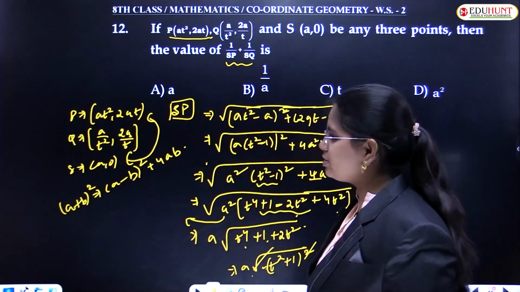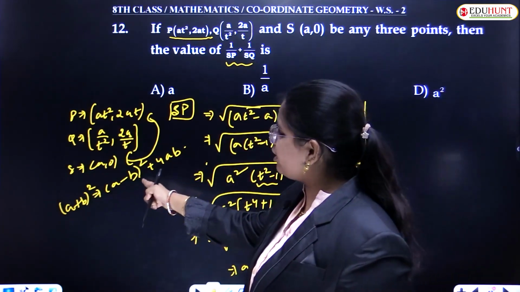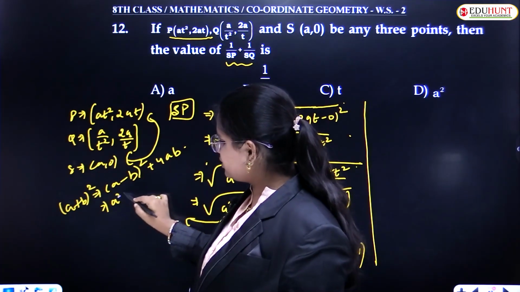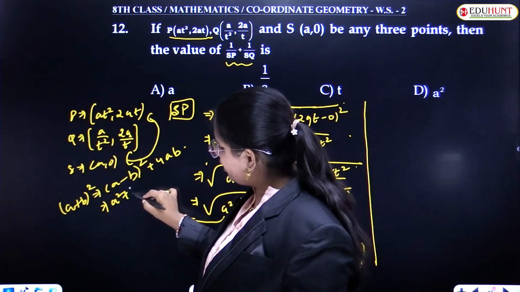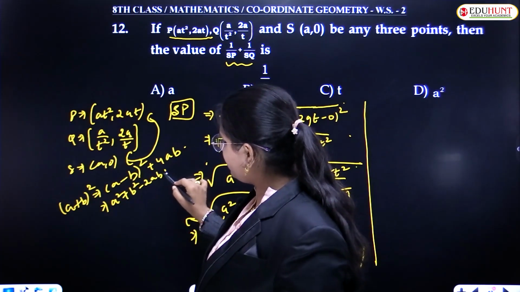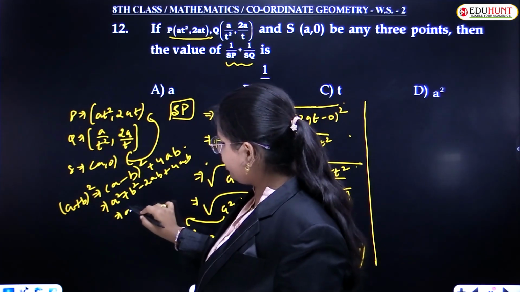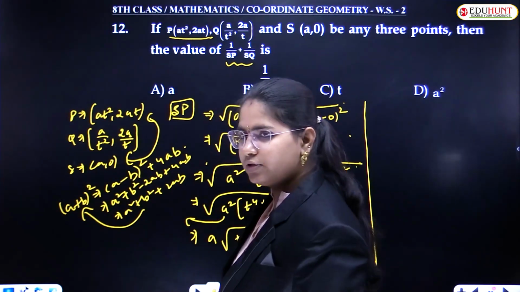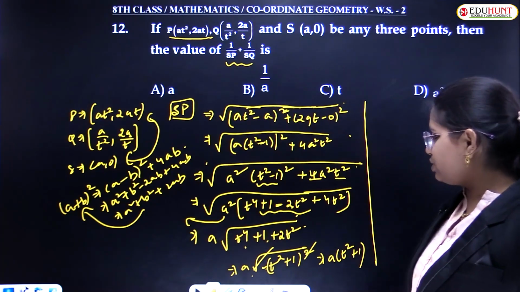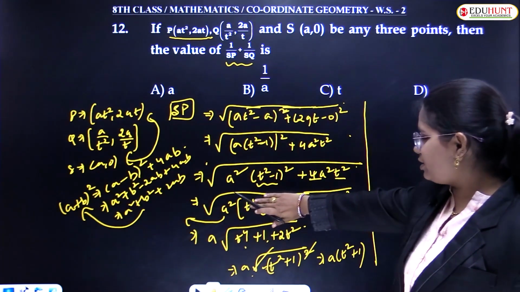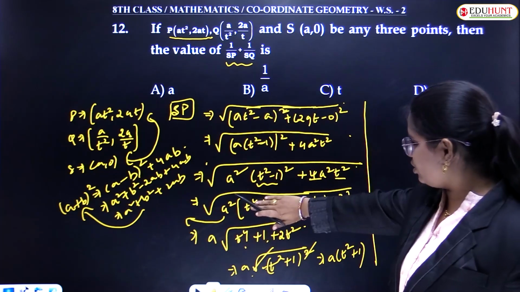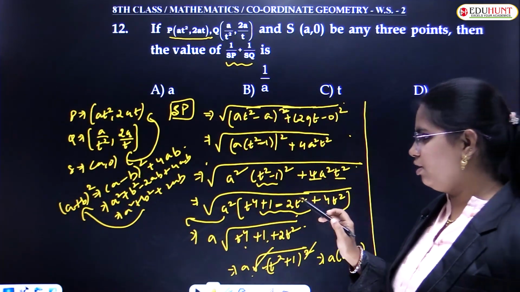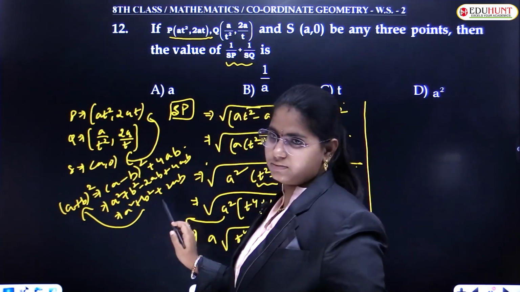A square plus b square minus 2ab plus 4ab, which is a square plus b square plus 2ab, which is the formula of (a plus b) whole square. Can I write like that? So that is what I have written here. (a minus b) whole square plus 4ab can be written as (a plus b) whole square. A simple logic. You just remember, many times we will apply this.